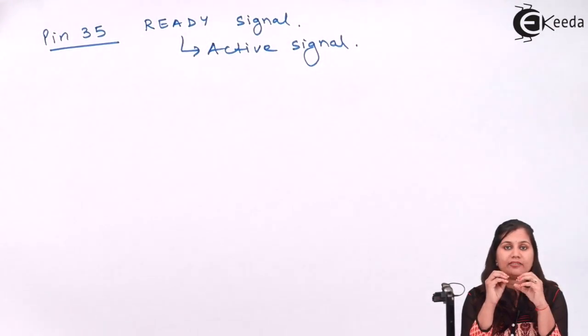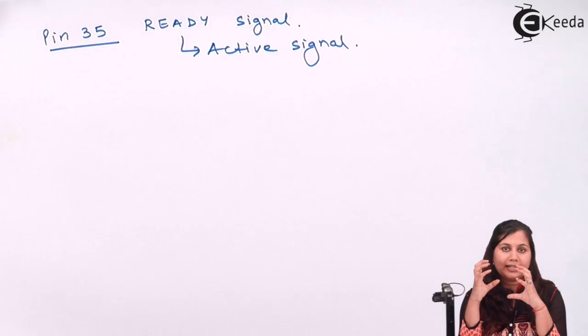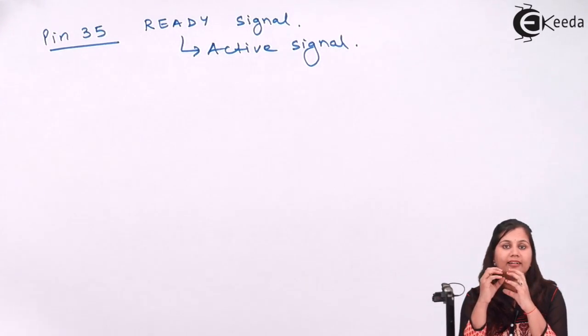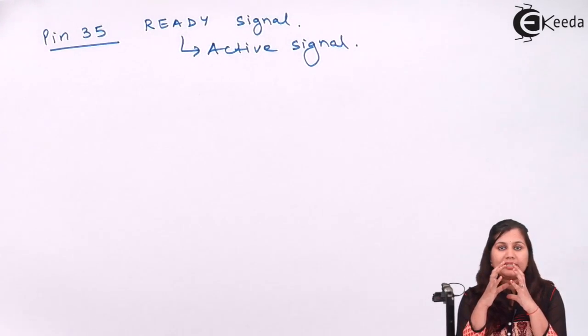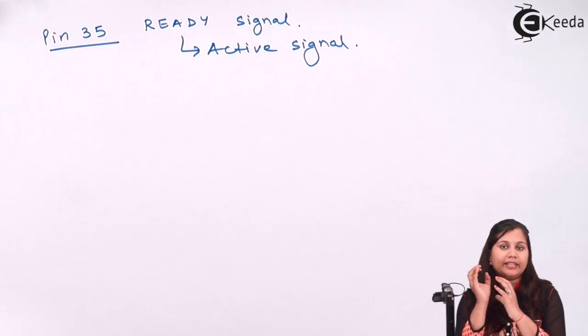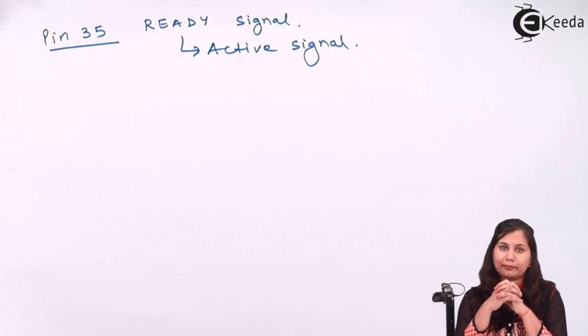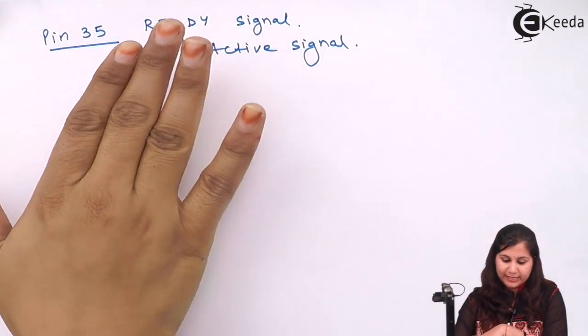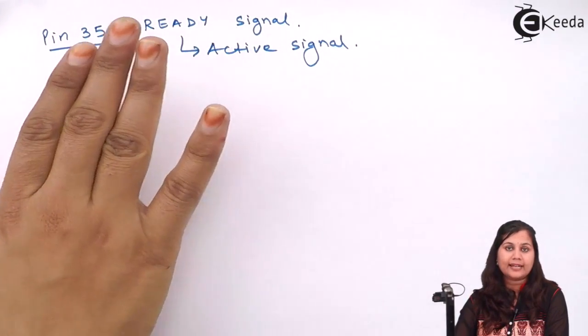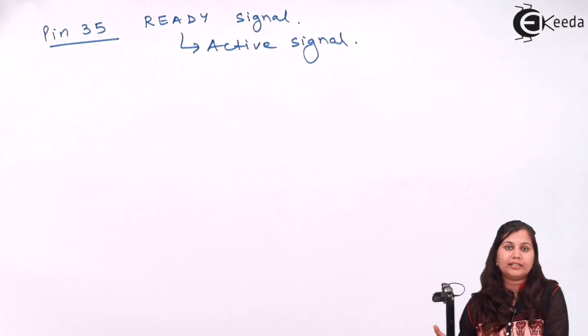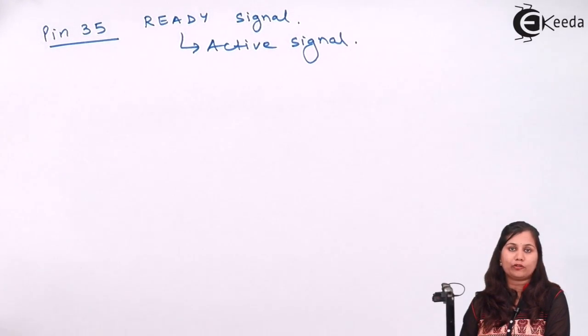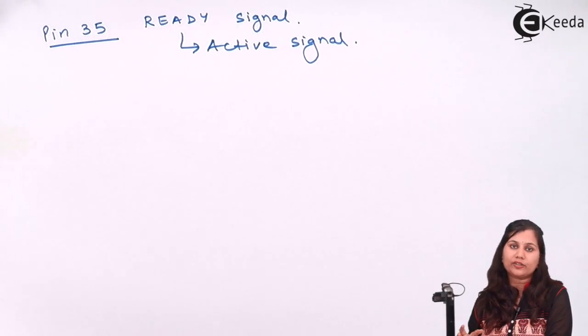So when the microprocessor is connected to that device, the ready signal means that the device is ready to synchronize with the microprocessor. So whenever this signal is high, it means that the peripheral device which is connected to the microprocessor is ready for its operation.